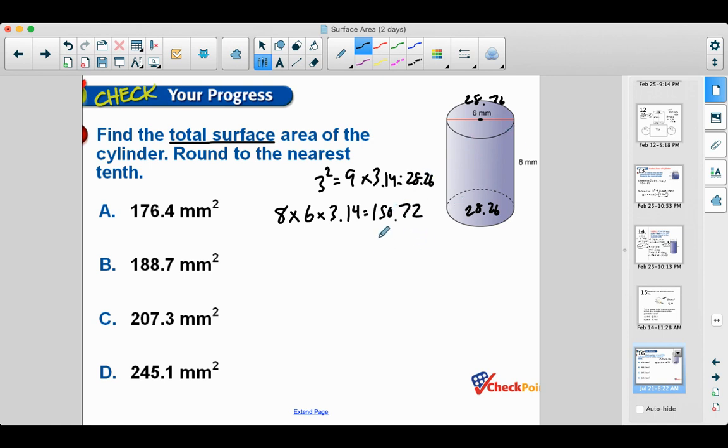Add the two circles to that, and I get 178.98. Did I make a mistake somewhere? It doesn't match up exactly, but I'm guessing this one might have been rounded differently or used pi.